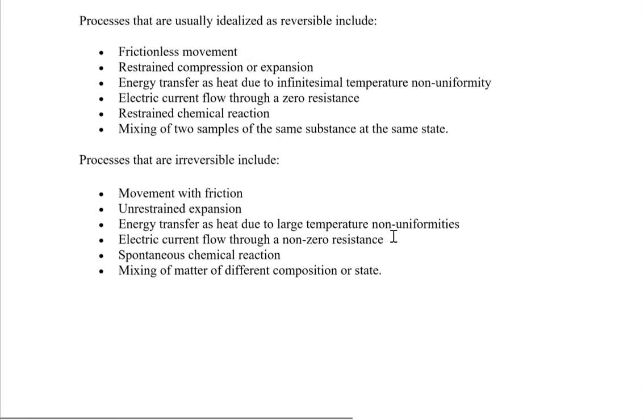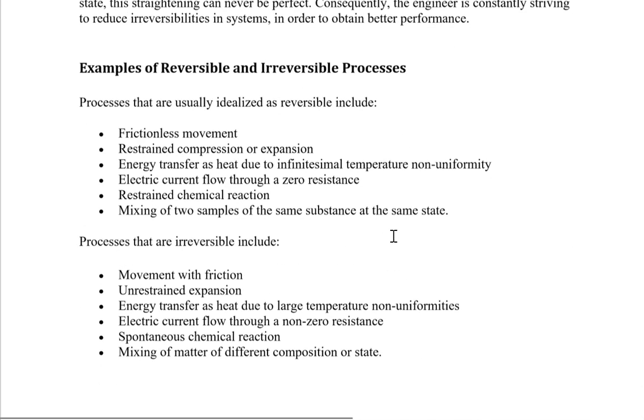In real systems, we have examples of reversible and irreversible processes. For example, frictionless movement we can regard as a reversible process. Restrained compression and expansion, a slow compression and a slow expansion, would be regarded as reversible. Energy transfer as heat due to an infinitesimal temperature difference, where the process moves so slowly that the temperature is not increasing, is a reversible process.